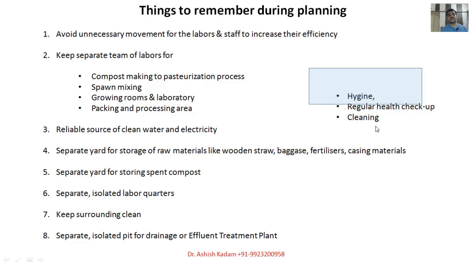And then the question comes, once we come to the point of removing the compost, people start thinking where to keep this compost, where to transport it, and generally they end up storing it very close to the storage areas, or very close to this entire farm area.